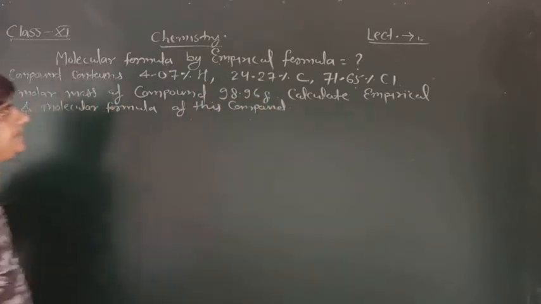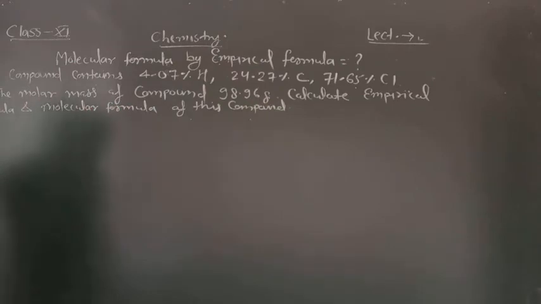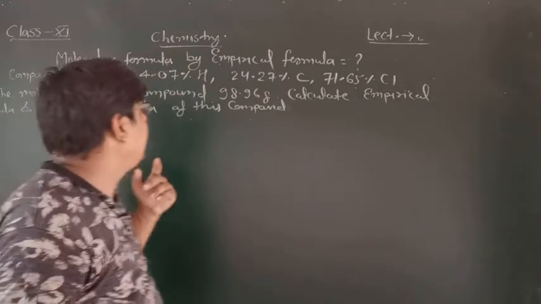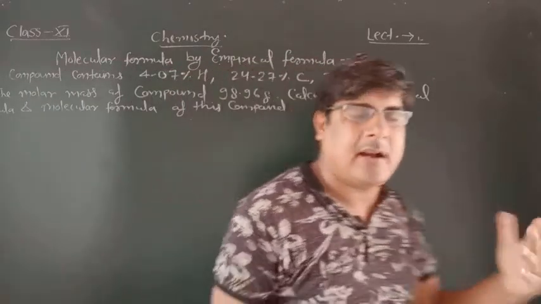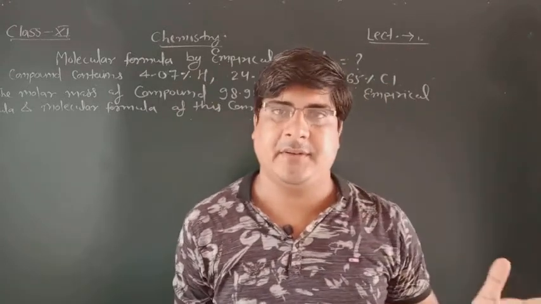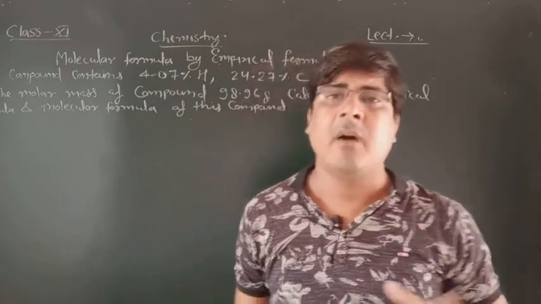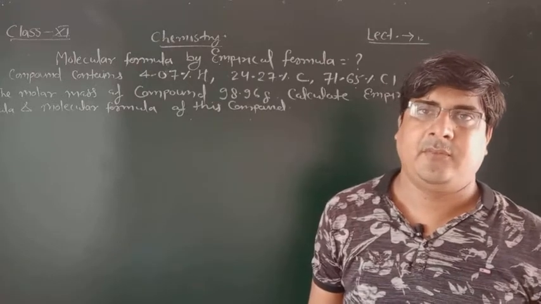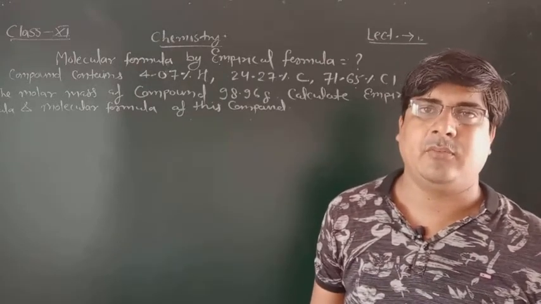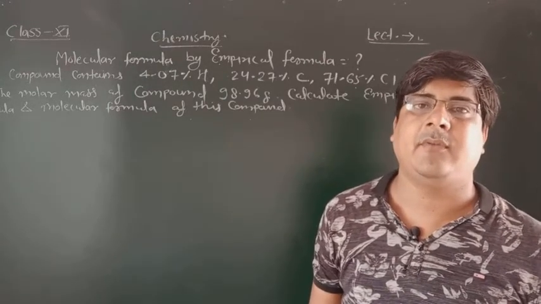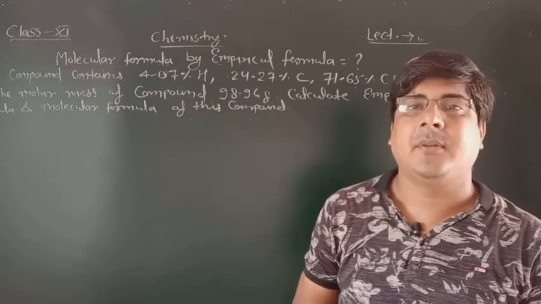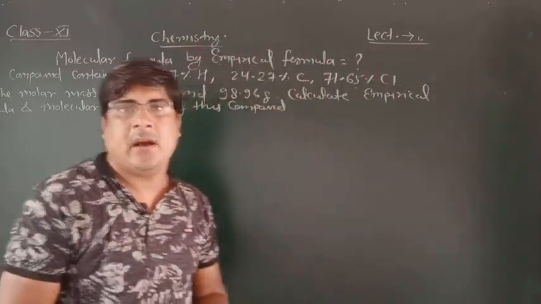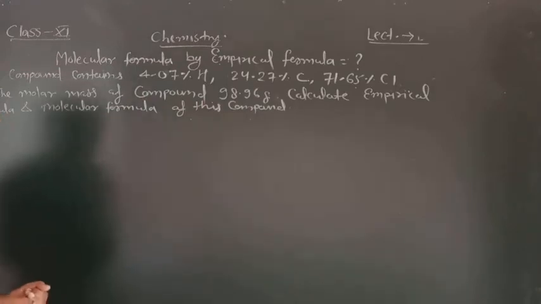Okay. So in this compound, the elements are carbon, hydrogen and chlorine. The amount is given in percentage. We will find the empirical formula first and then the molecular formula. Understand how we can find it.